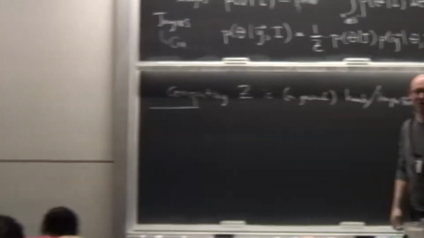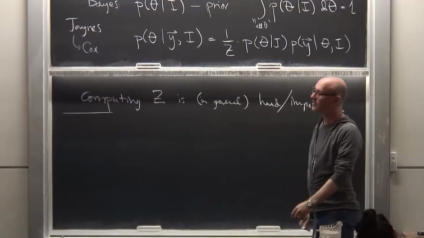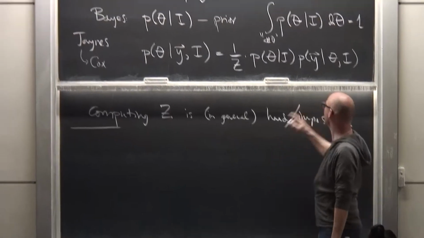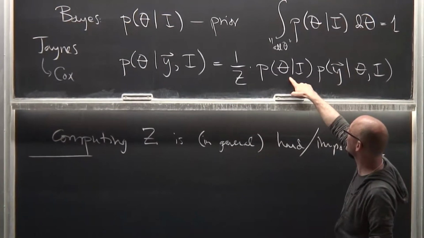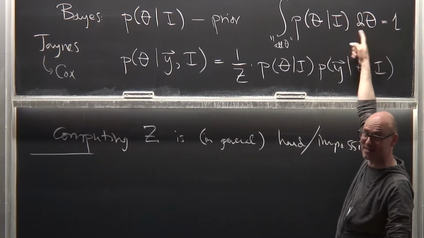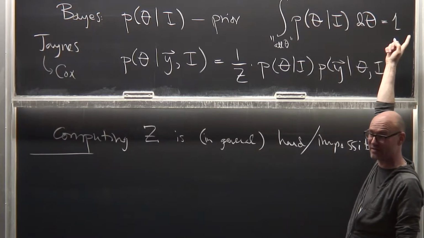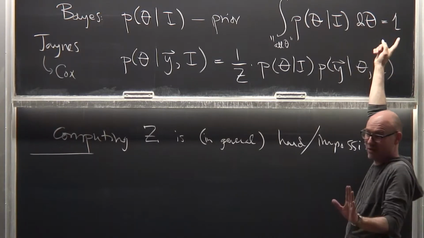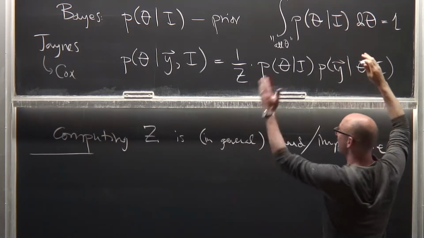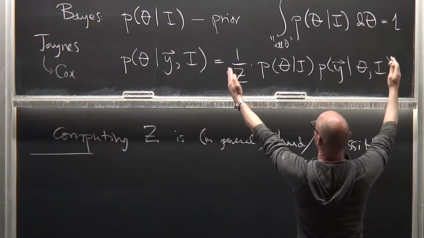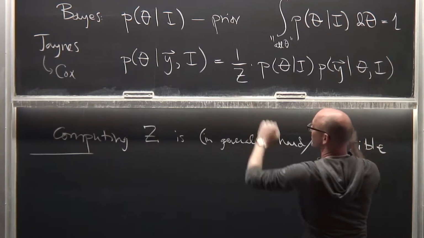I don't need to know Z. I don't even need my prior to be properly normalized. This doesn't have to integrate to 1. It could integrate to 17.